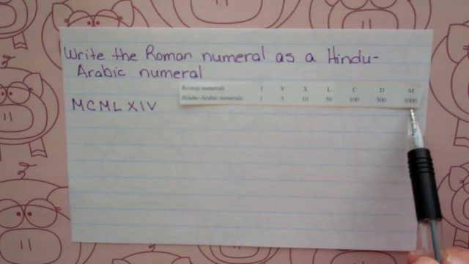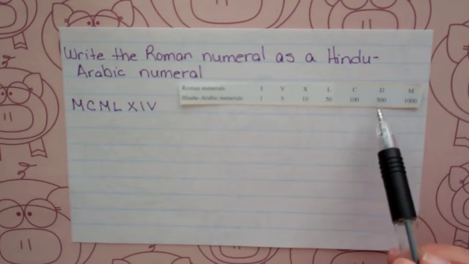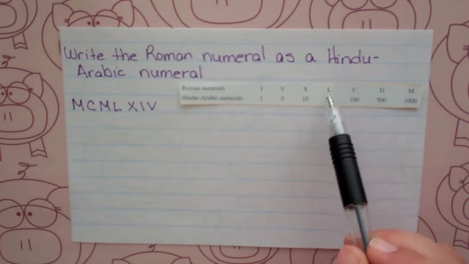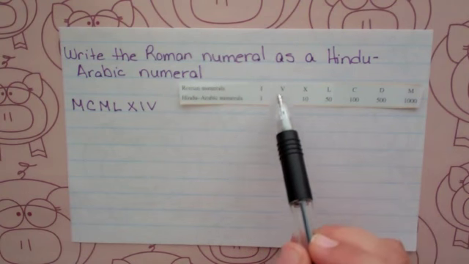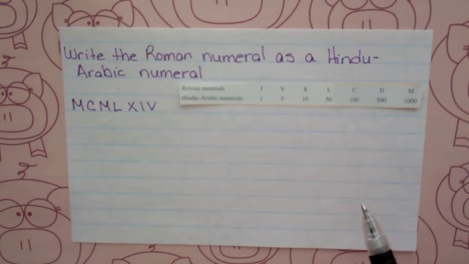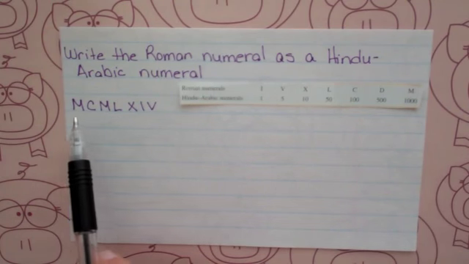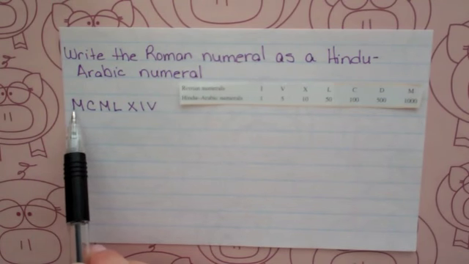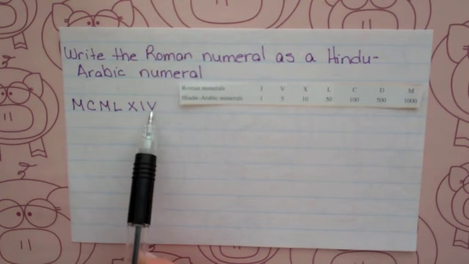Notice that M is the largest, which is 1,000. D is 500. C is 100. L is 50. X is 10. V is 5. And the I is 1. Whenever we write Roman numerals, we write from largest to smallest.